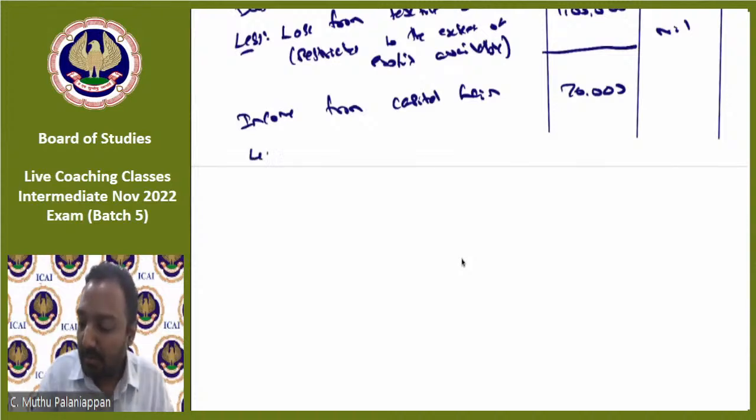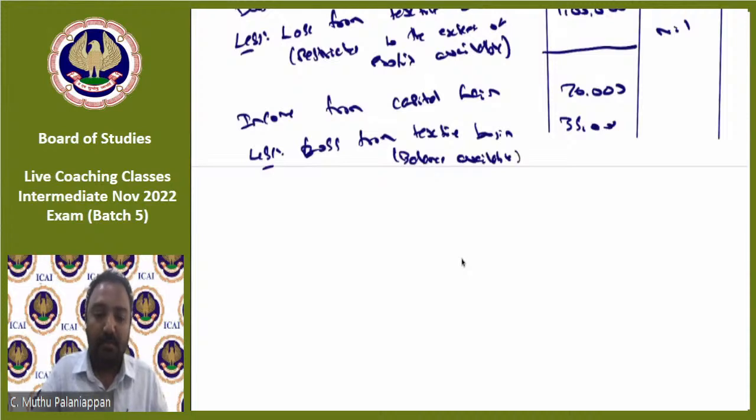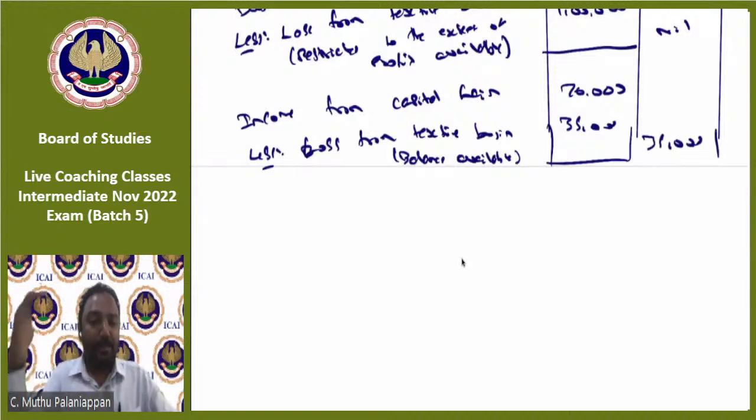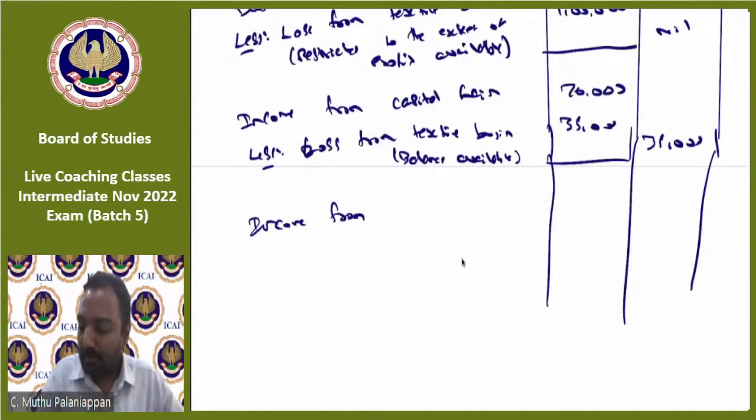So less loss from textile business. How much is it? 35,000, which we'll write as balance available. So this will give 35,000 as capital gain. Then you have income from other sources.